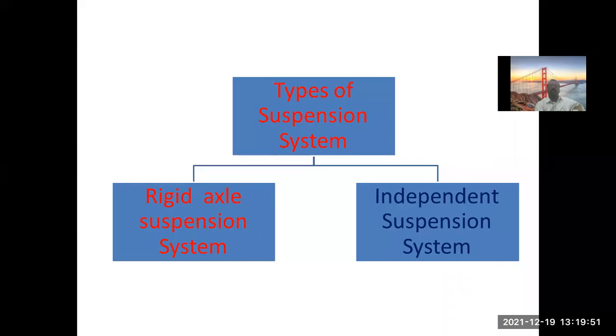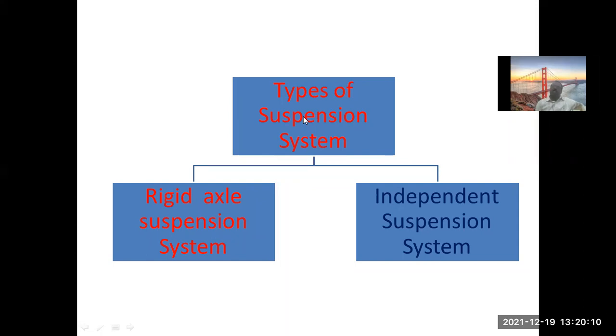And in general, we have two classifications of suspension system, that is rigid axle or conventional axle suspension, and independent suspension.